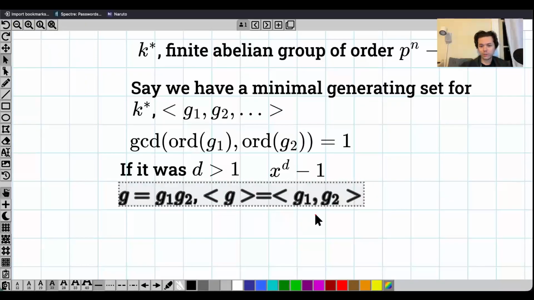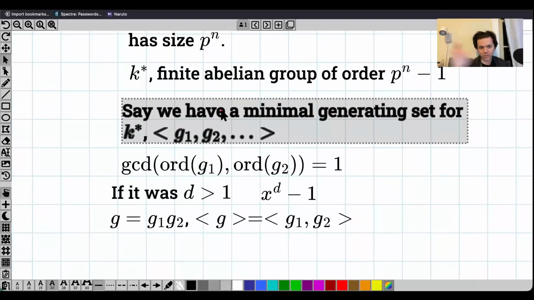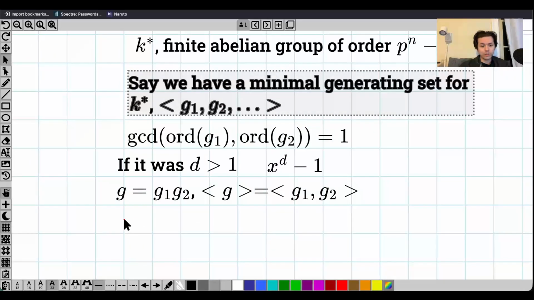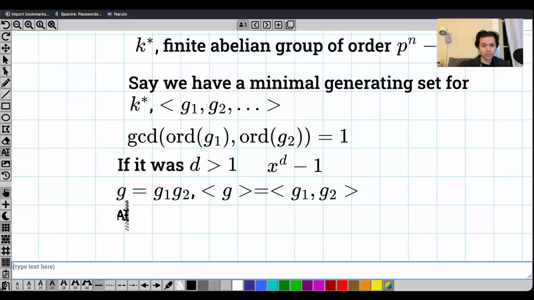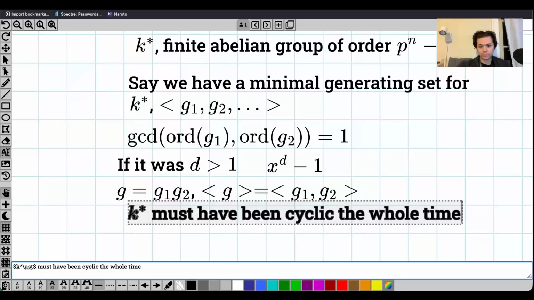G is equal to the group generated by both g1 and g2, which contradicts this being a minimal generating set. And our assumption was that a minimal generating set has at least two generators. So we conclude this proof by contradiction that K star must have been cyclic the whole time.